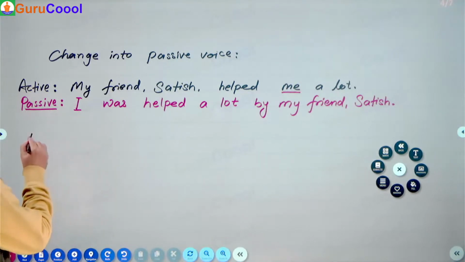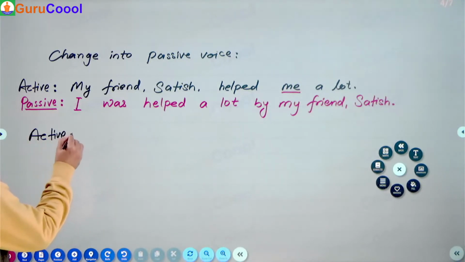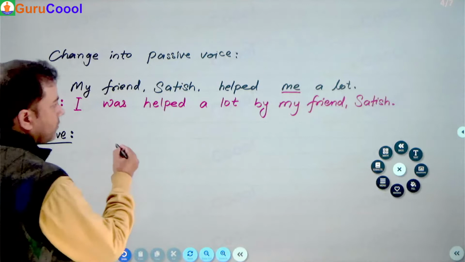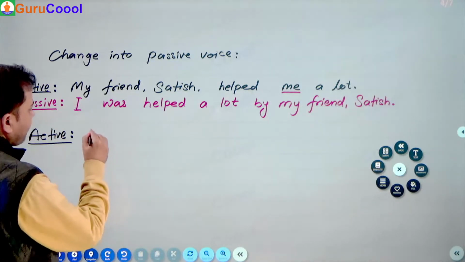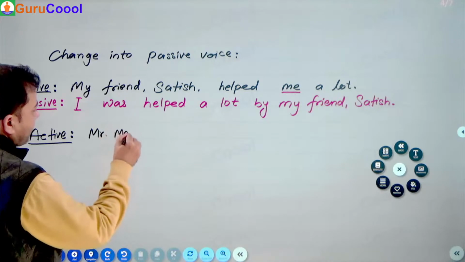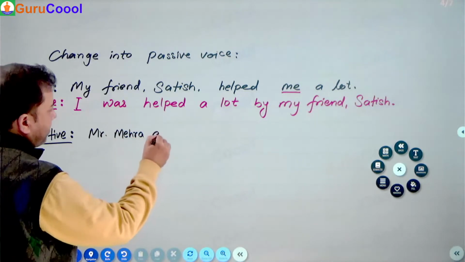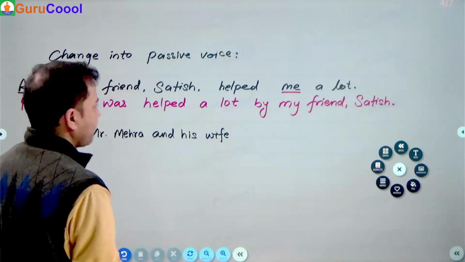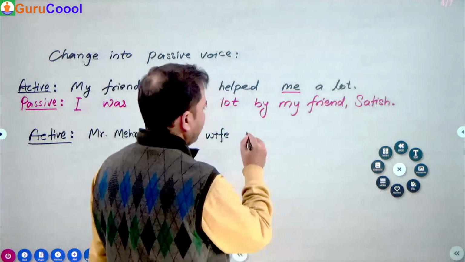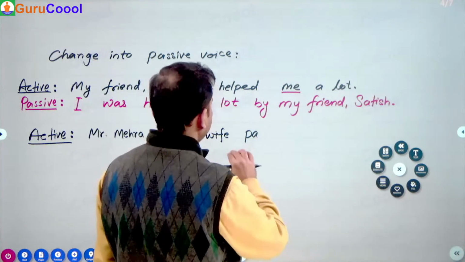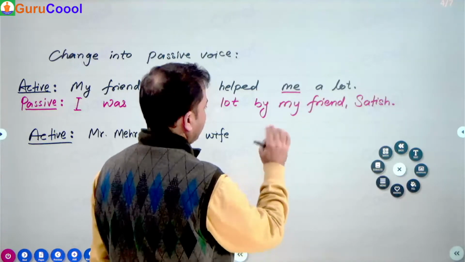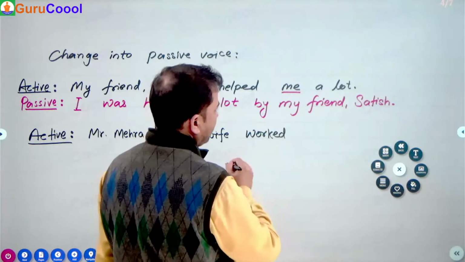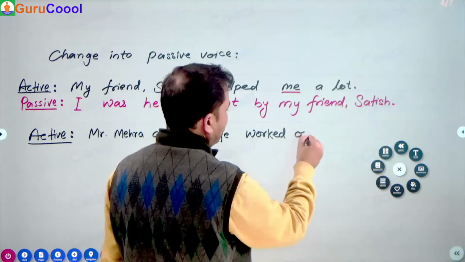Next sentence I am writing here. Mr. Mehra and his wife worked out.